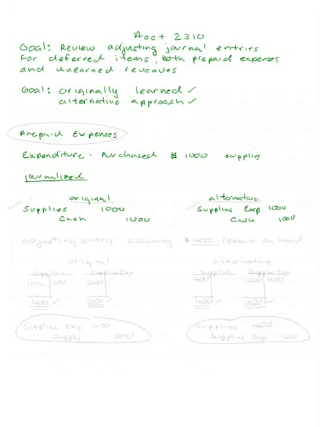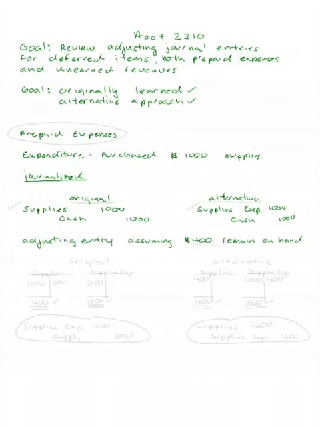Under our alternative method, we would have debited supplies expense and immediately expensed all of it, putting all of it on the income statement. Neither one of these entries is right or wrong. They are simply entries. They do, however, change how we make the adjusting entry. Let's explore that next.